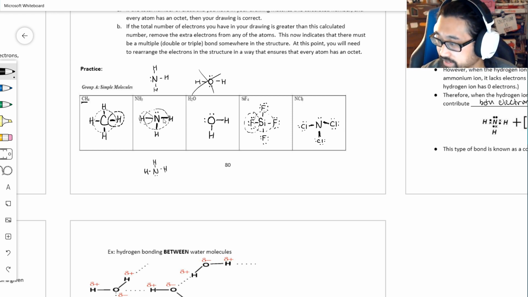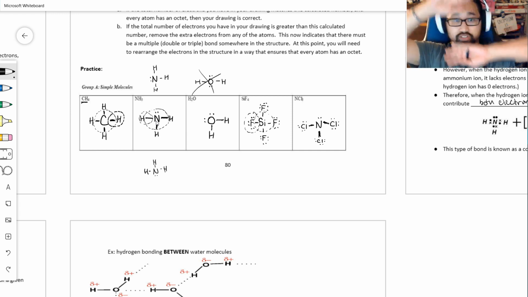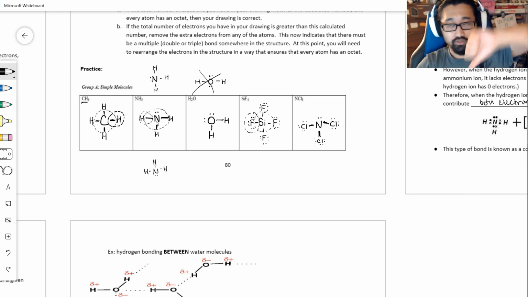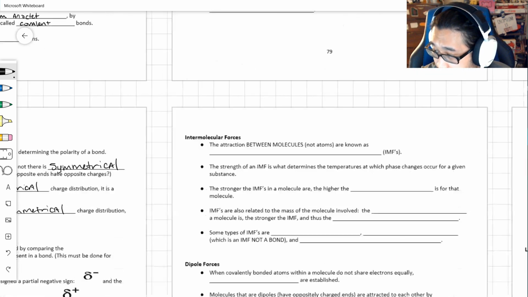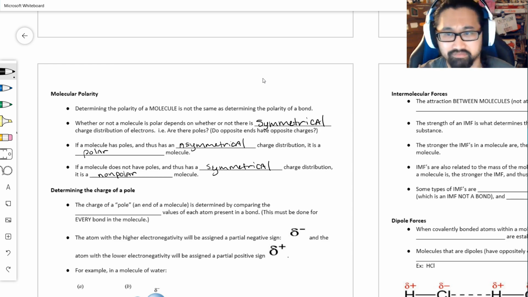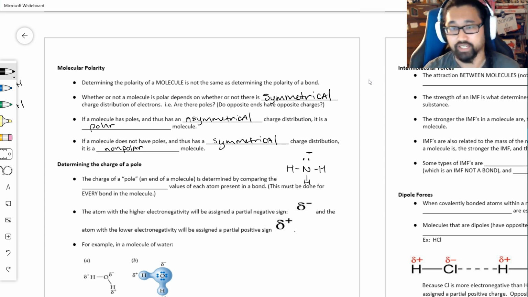If you were to look at NH3, it is not symmetrical up and down. The top part has 2 electrons, the bottom part has an H. That's not symmetrical. It's polar. And what that means for ammonia is that this side is a little negative because it has electrons.